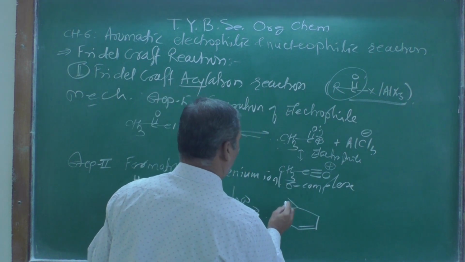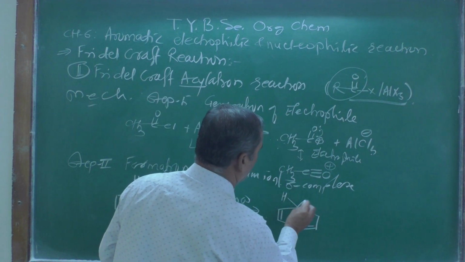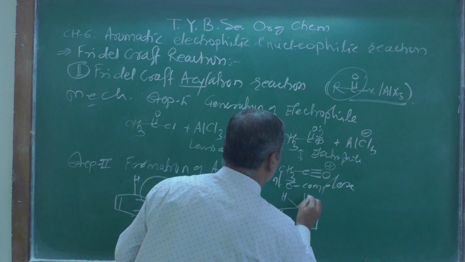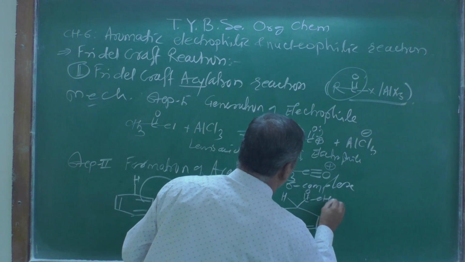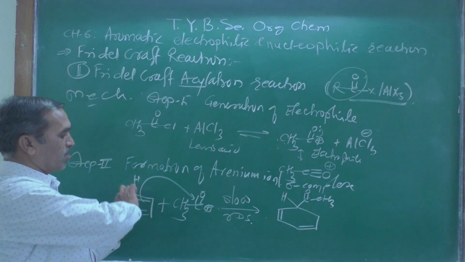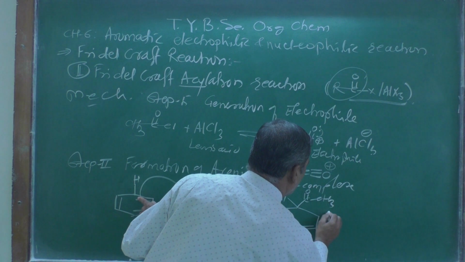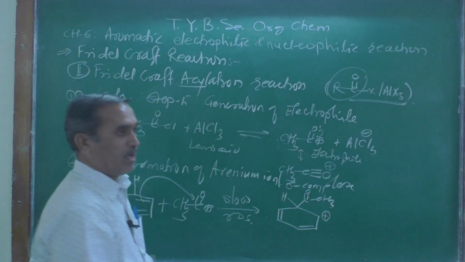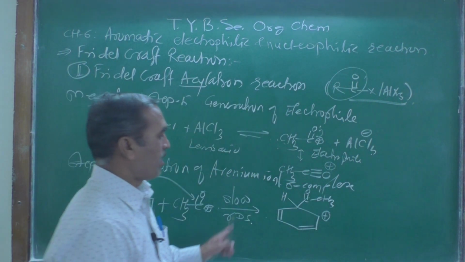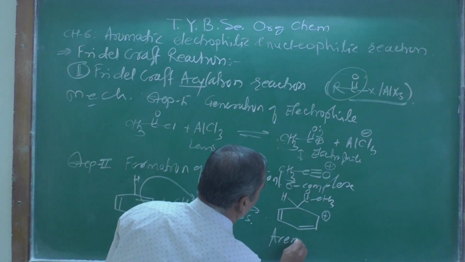Now this hydrogen atom I am showing like this, and there is this acetyl group attached, C double bond O CH3. Now when this double bond moves, likewise the positive charge should be present at this corner point, and now this is called an arenium ion.